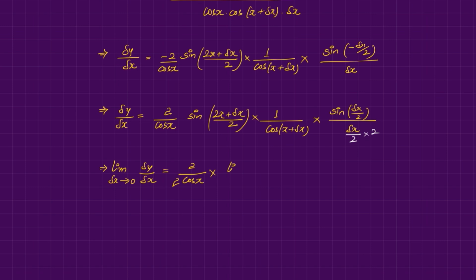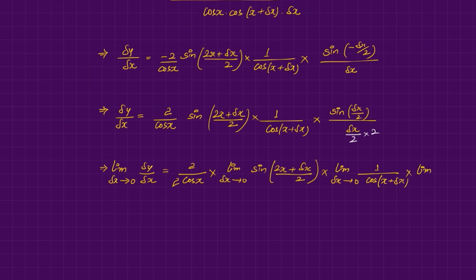Now let us put the limit here. Limit delta x tends to 0 sine of 2x plus delta x by 2 into, and let us distribute the limit also. It will be limit delta x tends to 0 1 by cos of x plus delta x into limit.